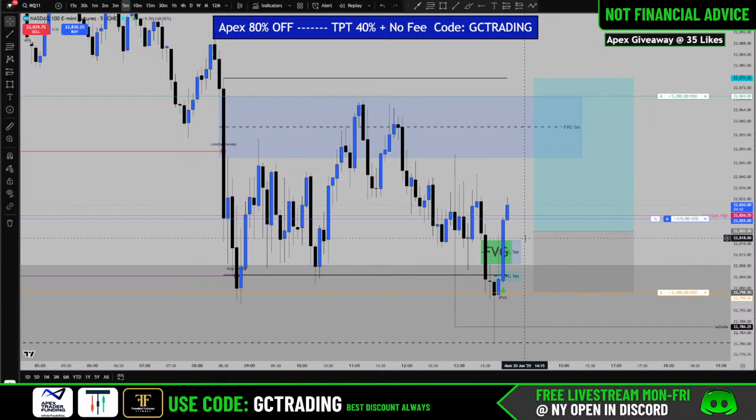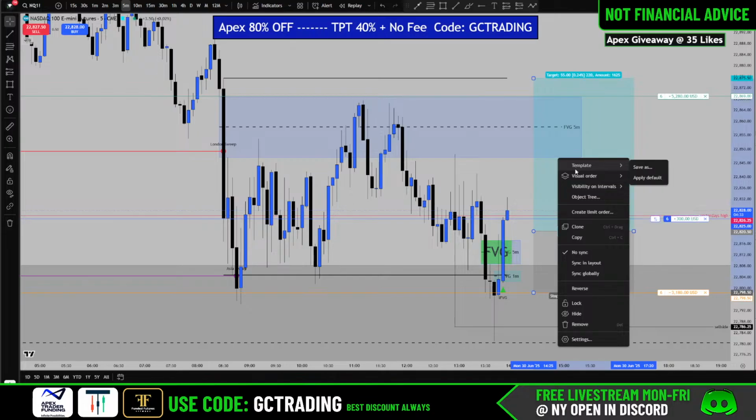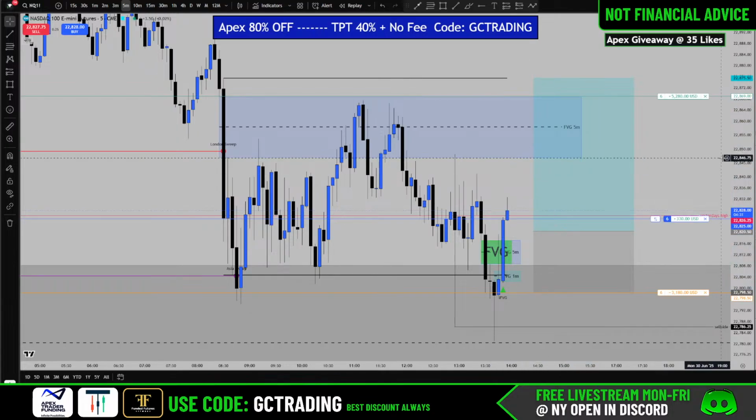If we do pull back a little bit, then I will add more, but for now, that's it. So we will take some off here at this area.